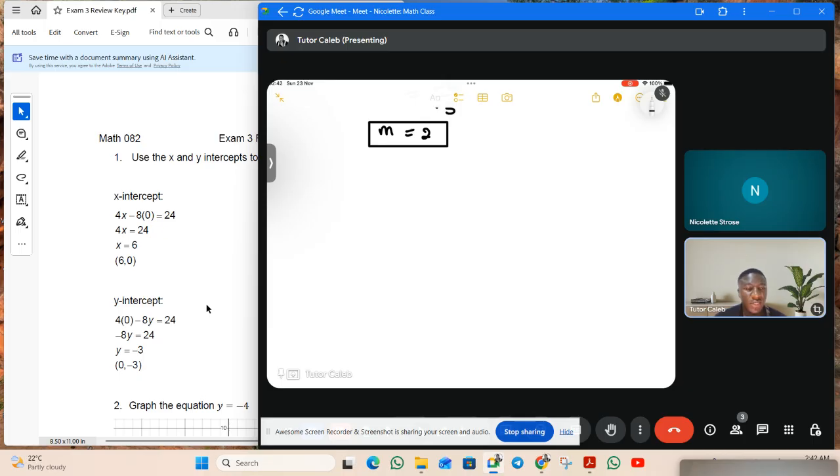Now, in the last class, I mentioned that there are many ways of writing a mathematical equation for a straight line. One of the ways that I introduced you to was y equals mx plus c. They call this equation the slope-intercept form.